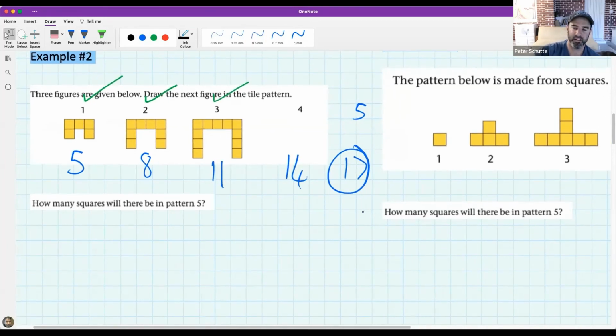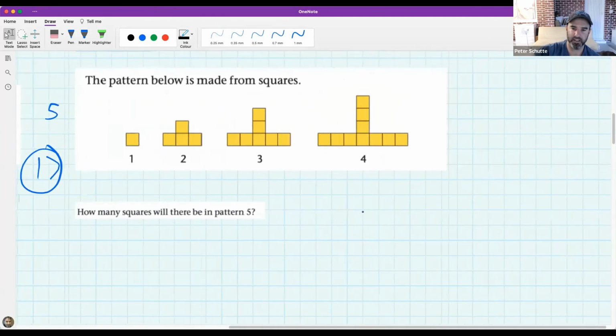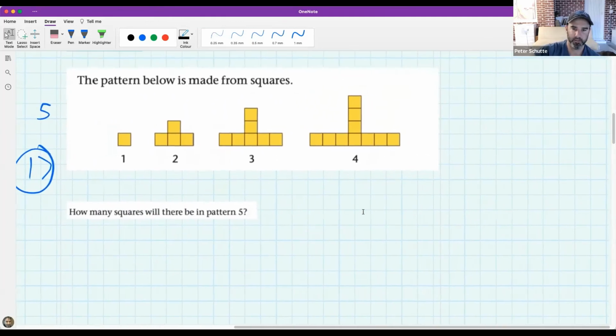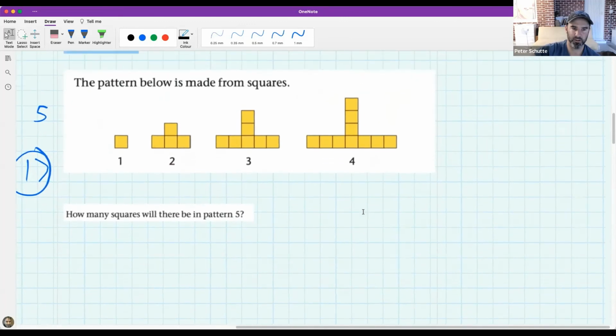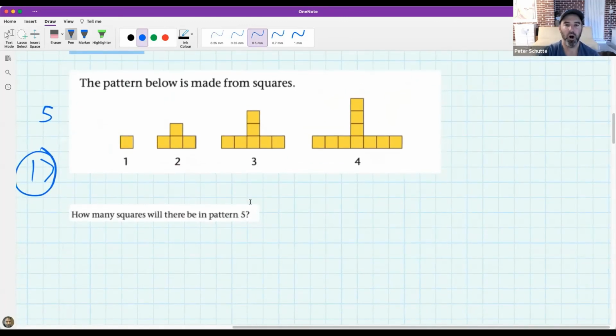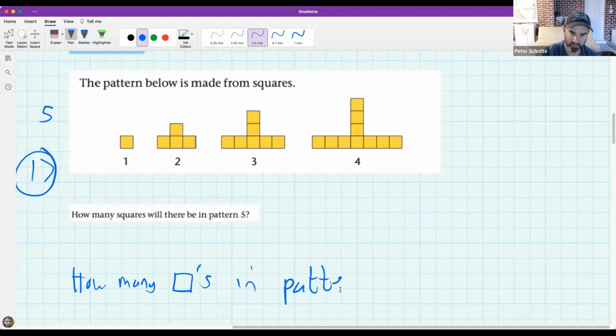And let's try another one that's similar. If I gave you this number pattern, how many squares would there be in pattern 5? And I also want to know how many squares in pattern 7.